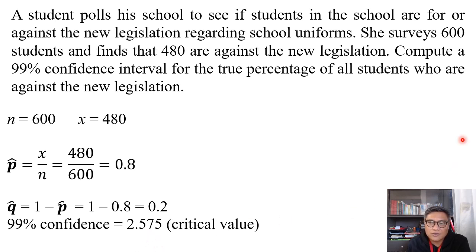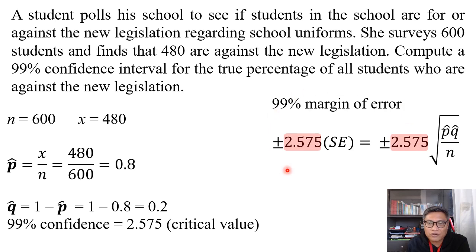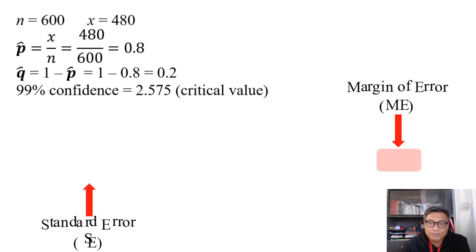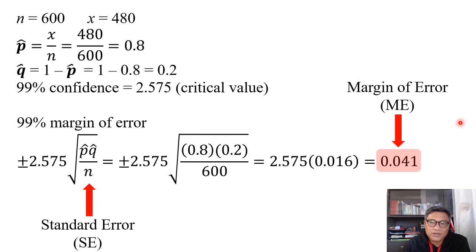So creating now our margin of error formula, we use the 2.575 times the standard error given by this formula. So we use this to find the margin of error. The margin of error would be the 2.575, plus and minus, times the standard error.